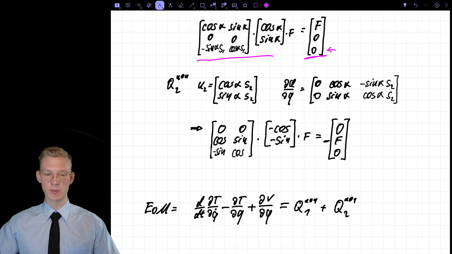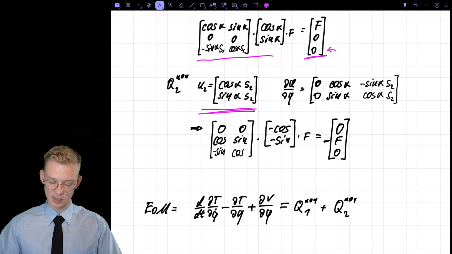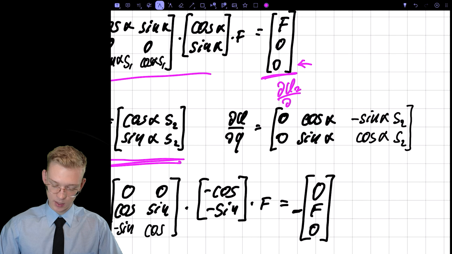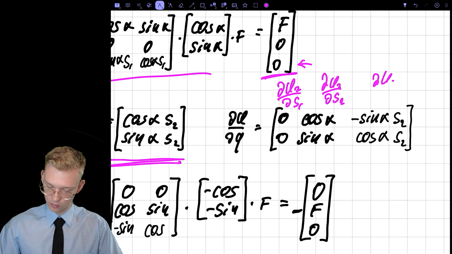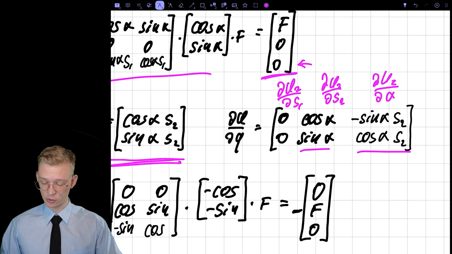Now we have to do the same thing for mass 2. So we get the position of mass 2, and then we have to do the partial derivatives with our q. So this is du2 ds1, du2 ds2, and du2 d alpha. So we get cosine and sine, and minus sine and cosine.